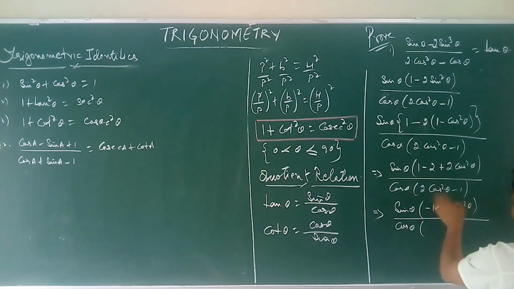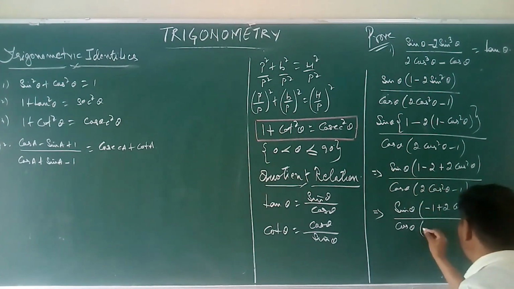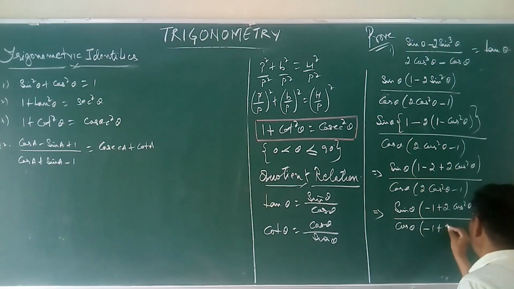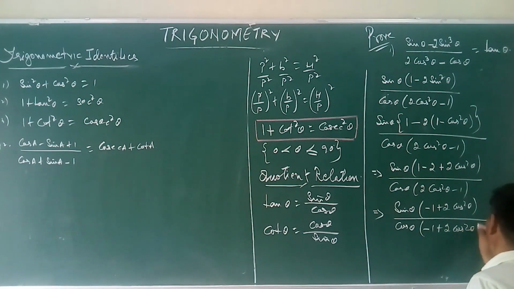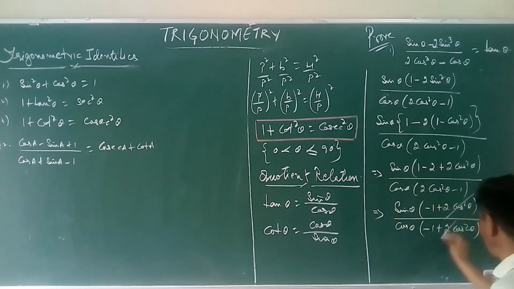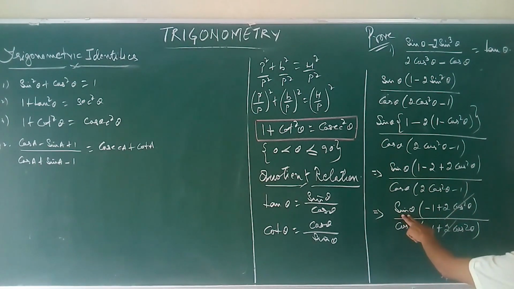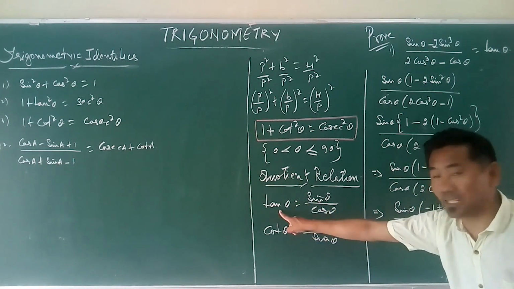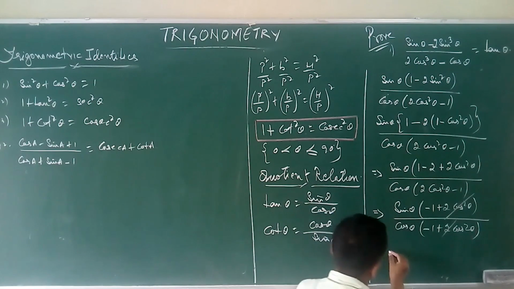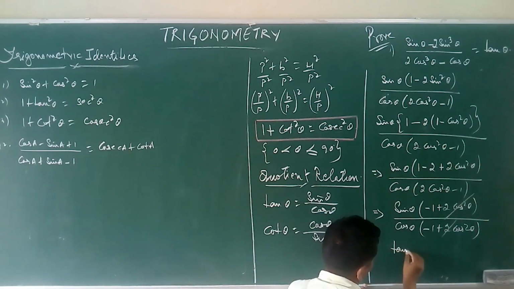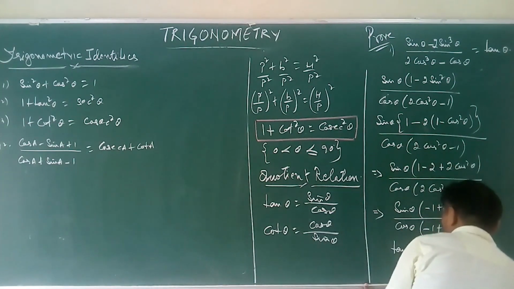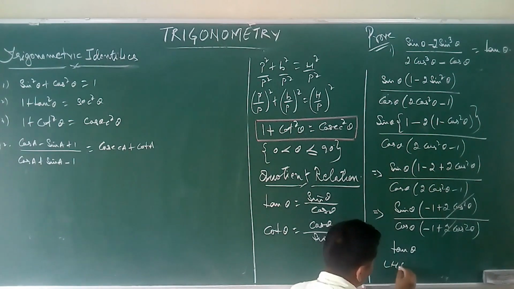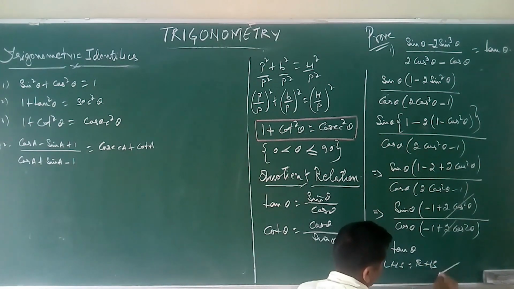Just arrange this, and exactly the same terms cancel. What is left is sine theta and cos theta. Sine theta by cos theta is a tangent, which is equal to tangent of theta. Proved that left hand side is equal to RHS.